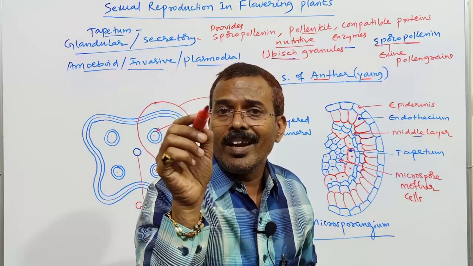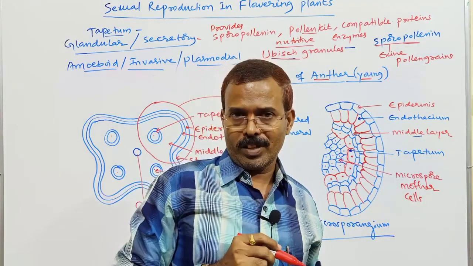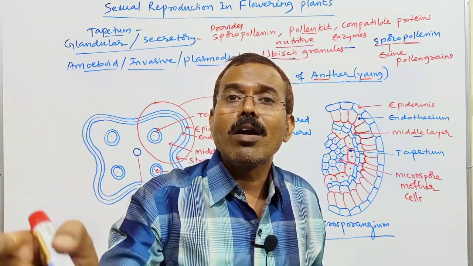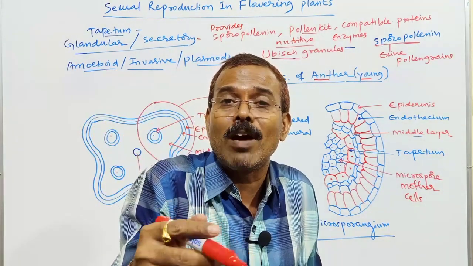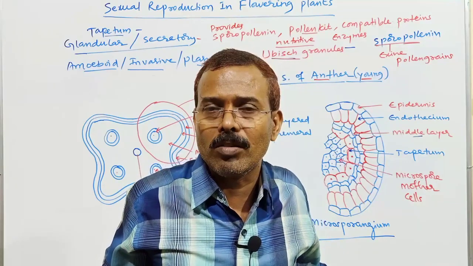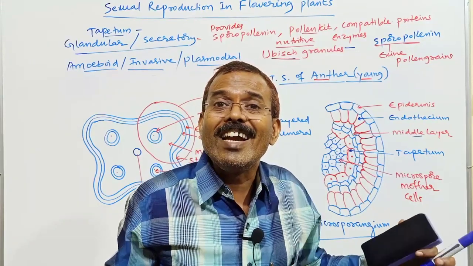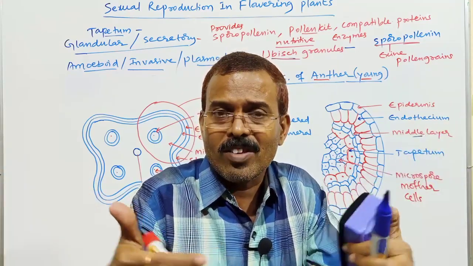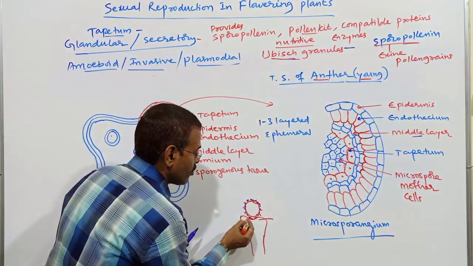This pollen grain is going to react with the stigmatic chemicals provided by the stigmatic fluid, so that the stigma can recognize whether the pollen grain is compatible, meaning a related species, or totally incompatible. These compatible proteins help in the identification of related species, that is, a chemical dialogue is established between the pollen grain and the stigma.